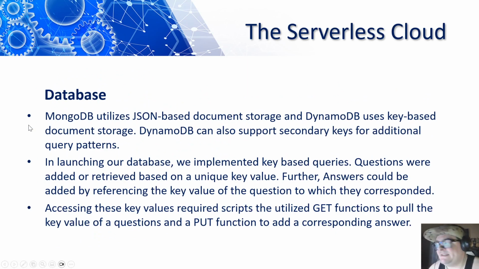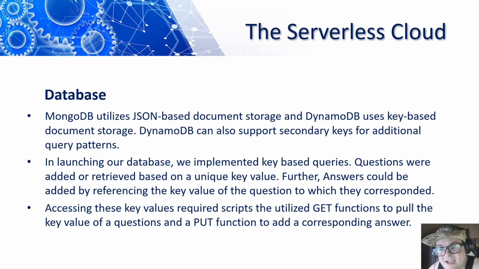Looking at the database, initially we had an application that ran with MongoDB. It utilized JSON-based document storage, whereas DynamoDB uses key-based document storage. DynamoDB can also support secondary keys for additional query patterns. In launching our database, we implemented key-based queries. Questions were added or retrieved based on a unique key value.